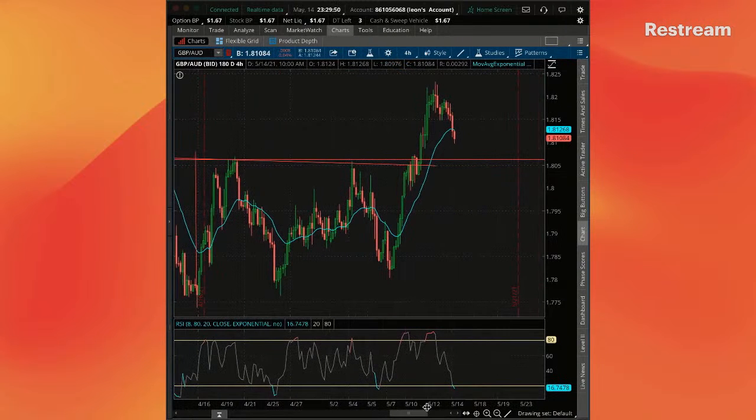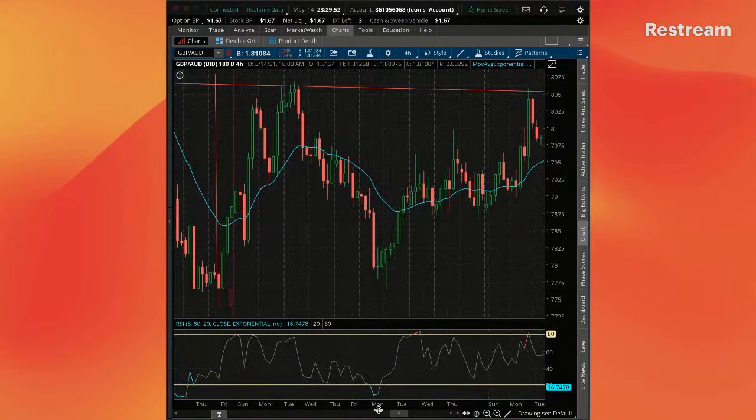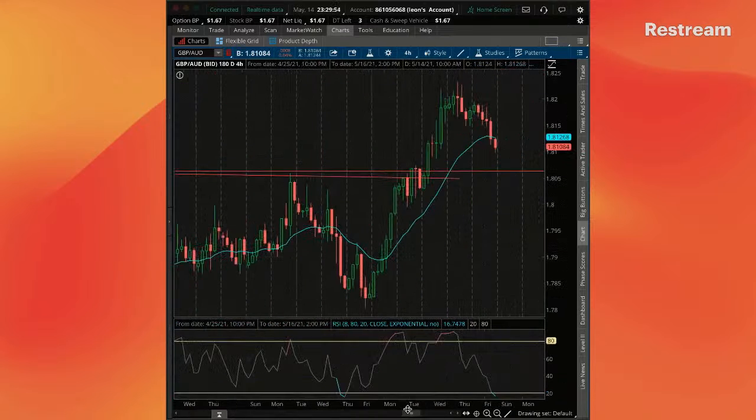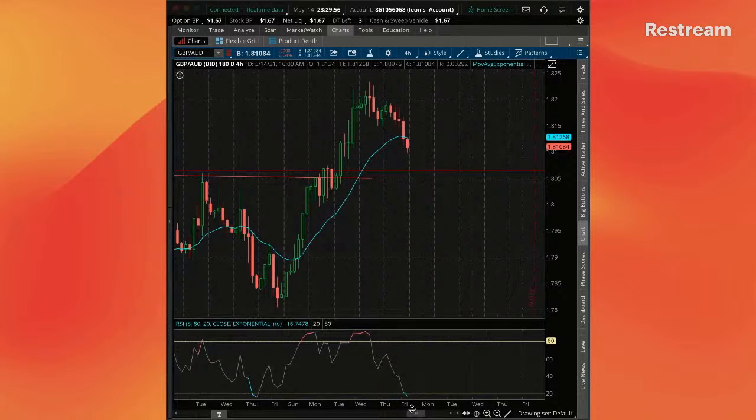Oh, it's not going. So this is actually going to, what is this at? What's this say? 28. Oh, it's barely, so can't use that. So we can use this.